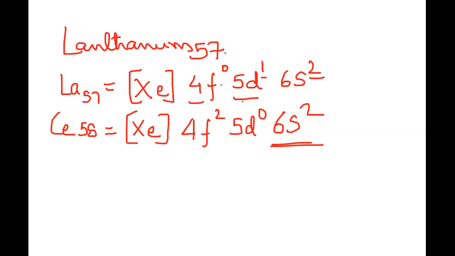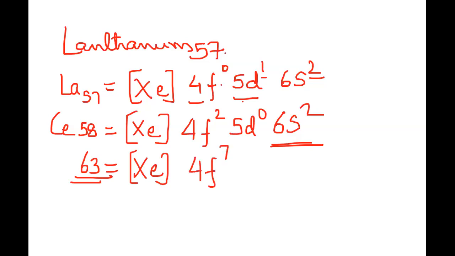And then from 58 onwards, the electrons will keep on entering the 4f till 4f becomes 7. So with atomic number 63, this is going to be xenon as it remains, and in this case you will get 4f7.